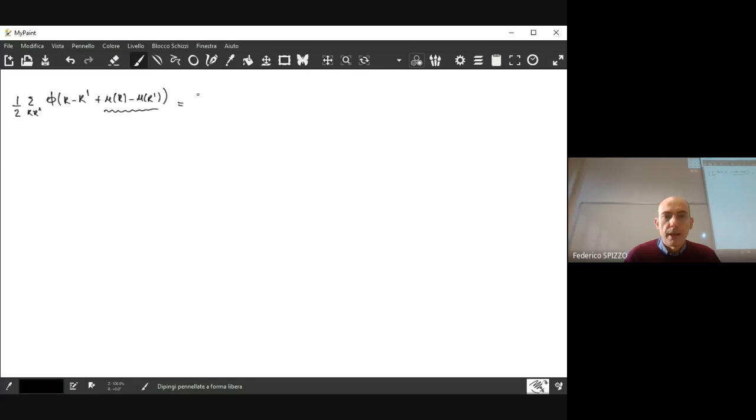So we have 1/2 sum over R and R prime, and I add something that I should have had before: we suppose R different from R prime, otherwise you consider one ion interacting with itself. In this case, the static term is just phi of R minus R prime.